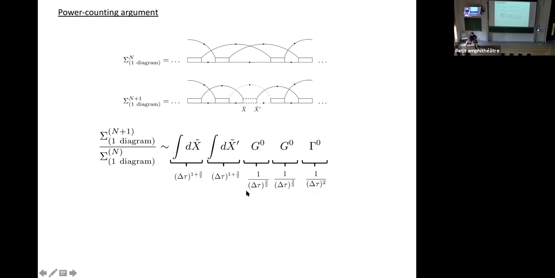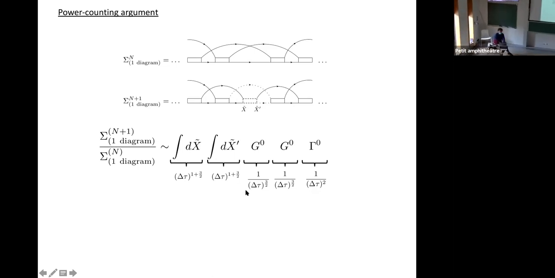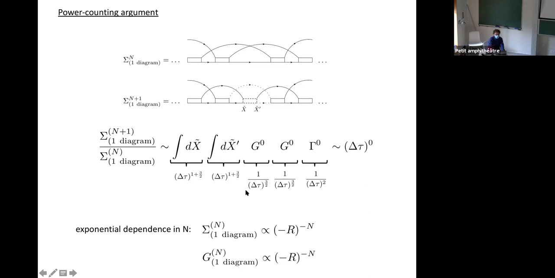Now what we see is that the exponents just cancel out, and in the end, we get a contribution delta tau to the power 0. So this explains why at large n, at large order, we can keep on adding these pieces, and the only cost will just be an exponential. There will be an extra factor at each order.